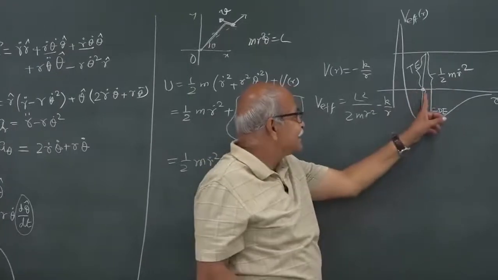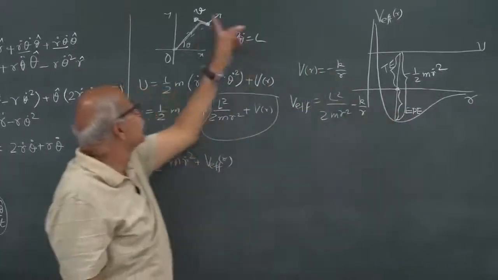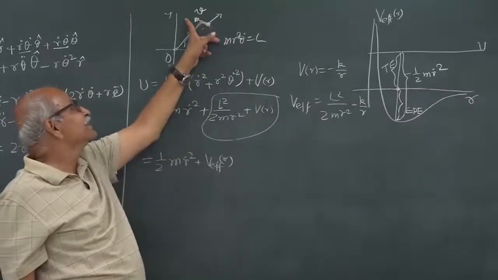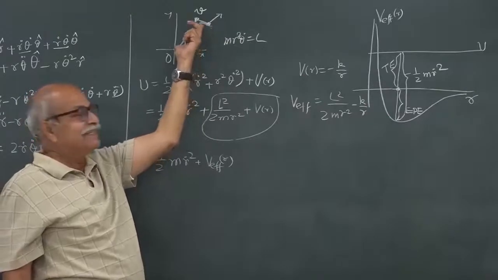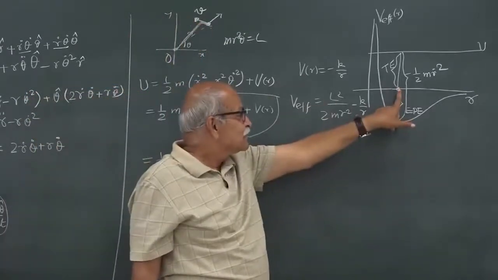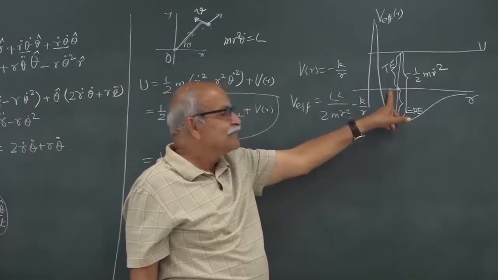Remember this is a graph, this is the particle, the particle is going in this direction. So, the separation from the origin is decreasing. In this diagram, the particle's original r is here and r is decreasing, meaning it is going this way.